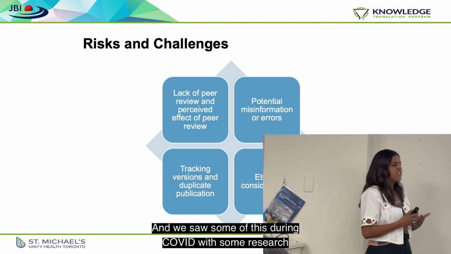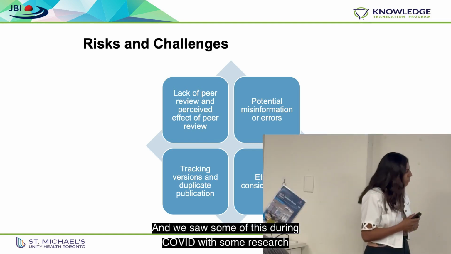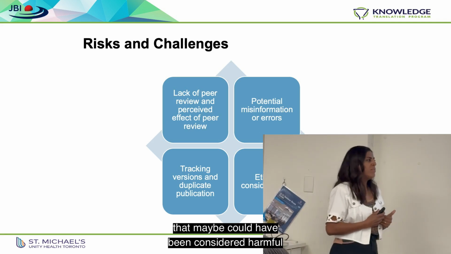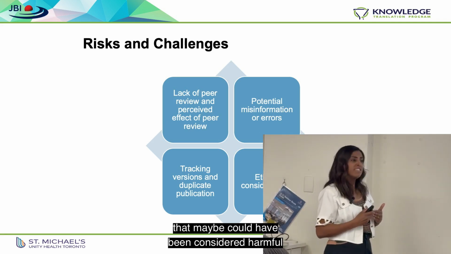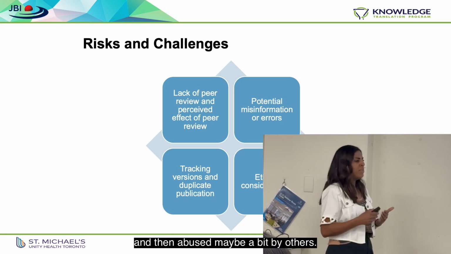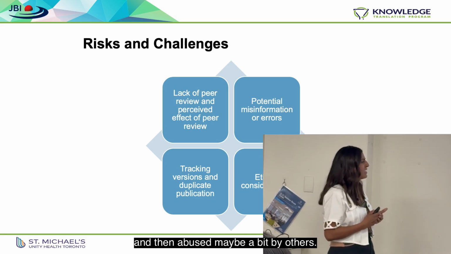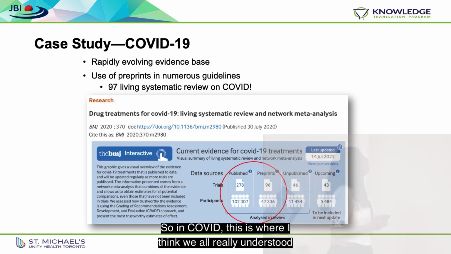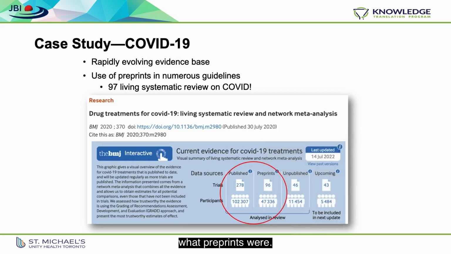And we saw some of this during COVID with some research that maybe could have been considered harmful and then shared in a preprint server and then abused maybe a bit by others. So in COVID, this is where I think we all really understood what preprints were.